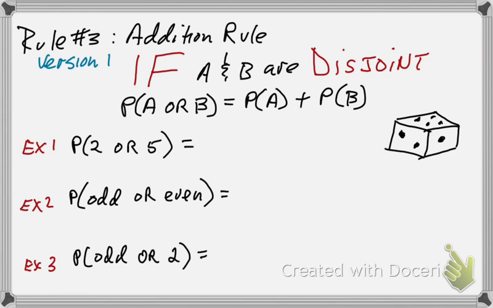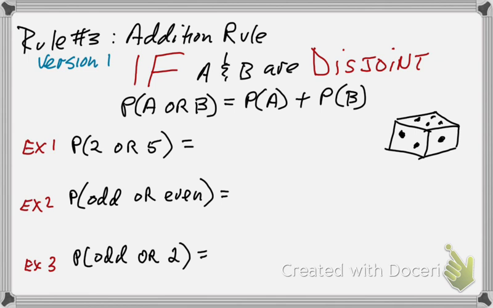For instance, I've got one die here, and I'm going to roll it once. I want to know the probability of getting a 2 or a 5. First question is, are they disjoint? Yeah. How come? Because you can't have them at the same time. Right.